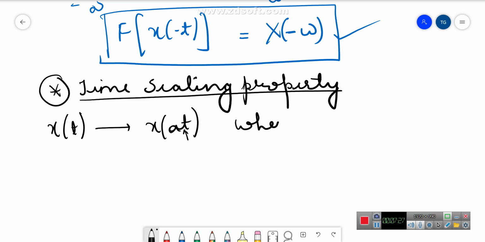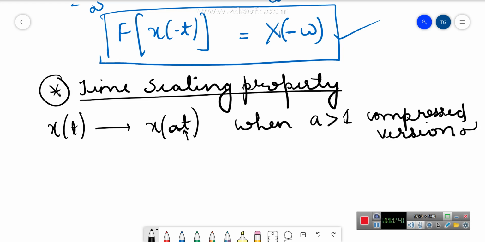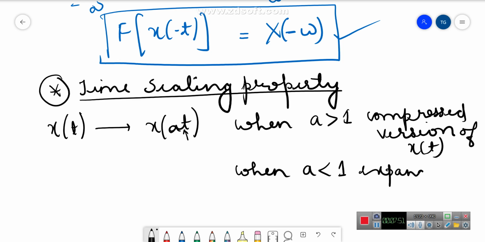When a is greater than 1, then my signal is a compressed version of x of t, and when a is less than 1, then it is an expanded version of x of t.